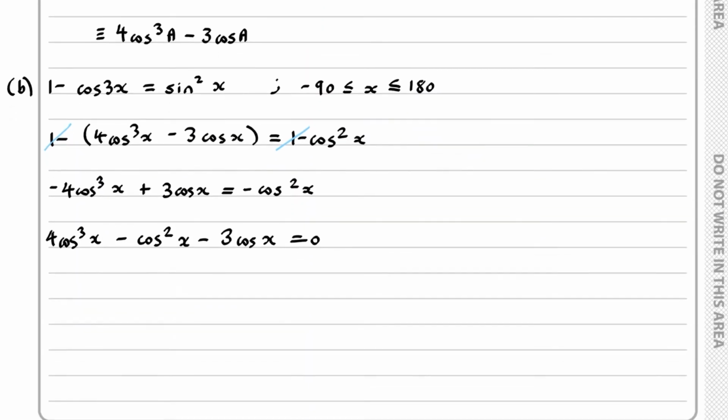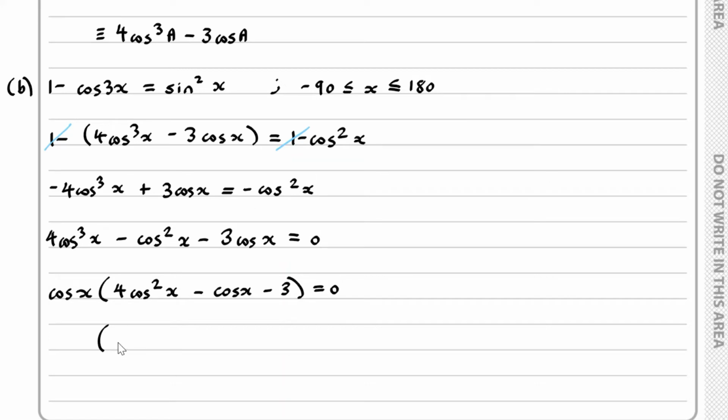So at this point we can factorize out a cos x from each term. So we have cos x lots of 4 cos squared x minus cos x minus 3 equals 0. And here we have a quadratic which we can factorize.